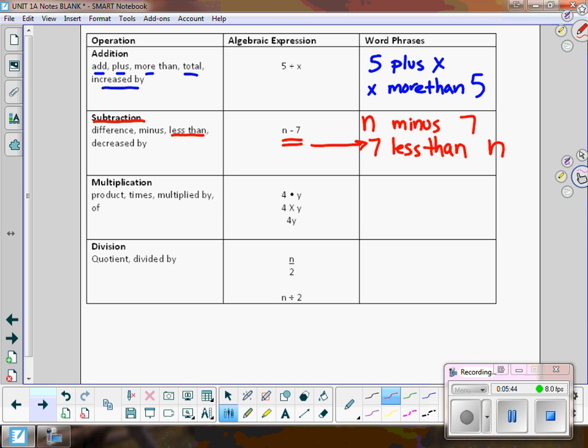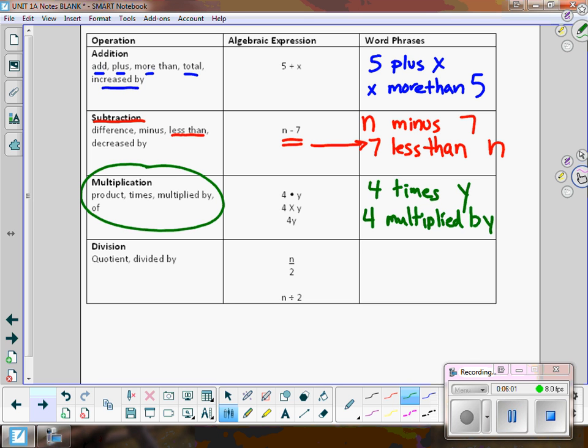With multiplication, we have the product of 4 and y. You might call this 4 times y or 4 multiplied by y. And another way you might see it is with the word of. Like if I say 1/3 of x, you could write it 1/3 times x.